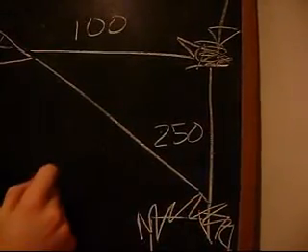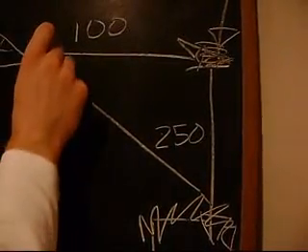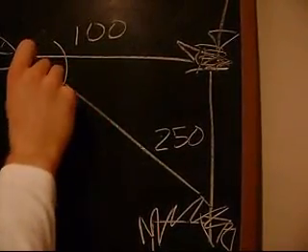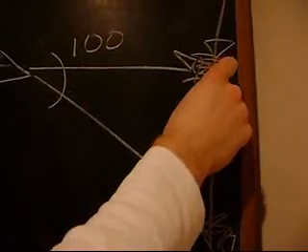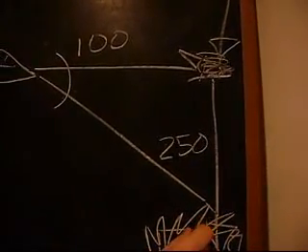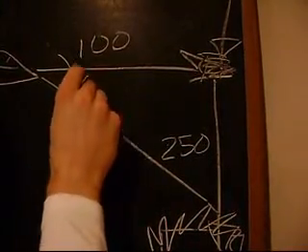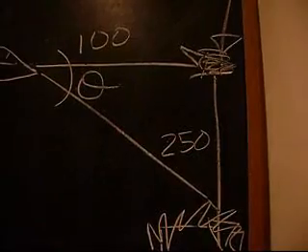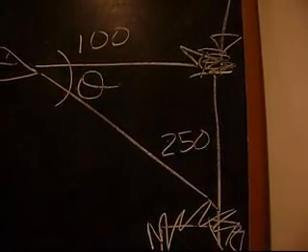So, given that information, we have to find out 2 things. 1, we have to find out what this angle is between his original path and the path that he took to hit the deaf-mute kids. We will denote this as theta, which is just a Greek letter that is often used for angle measurement.